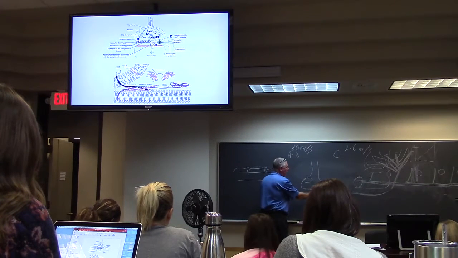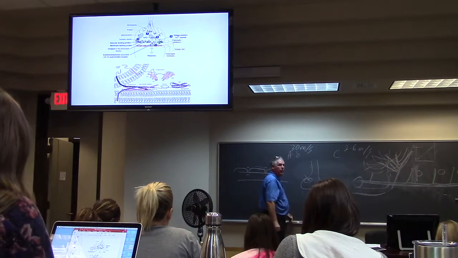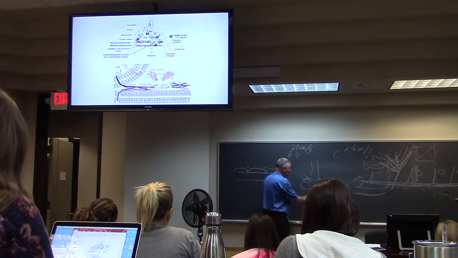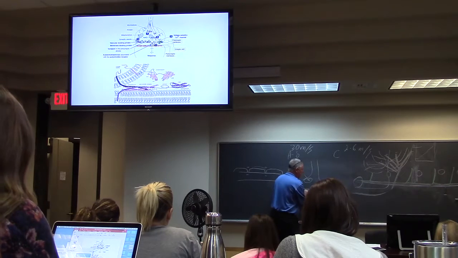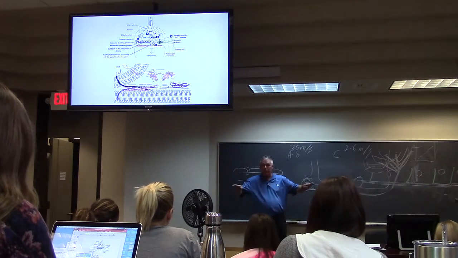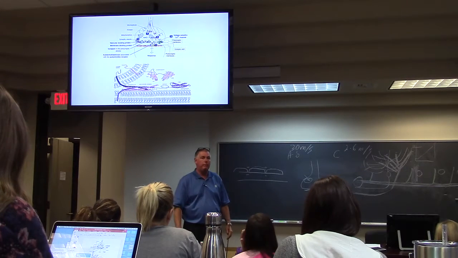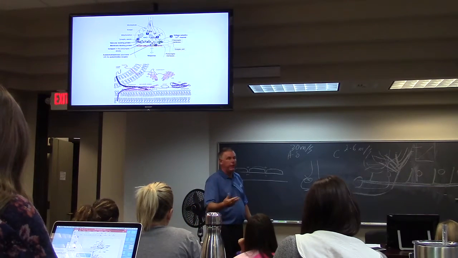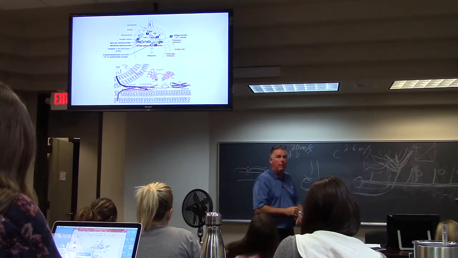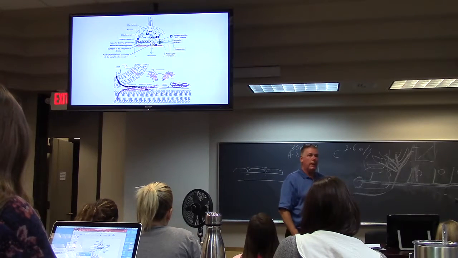So that's going out, that's going in. Otherwise, this is just going to keep getting bigger and bigger and bigger. You have to get rid of that extra membrane. Or not get rid of it, you have to draw it back in. Okay?